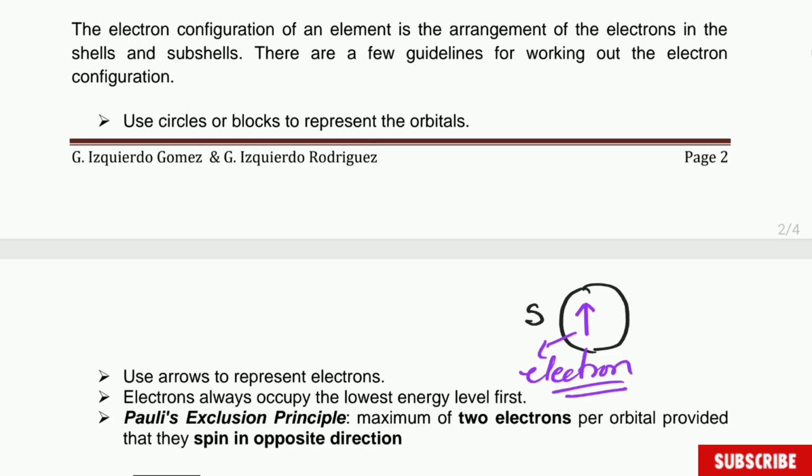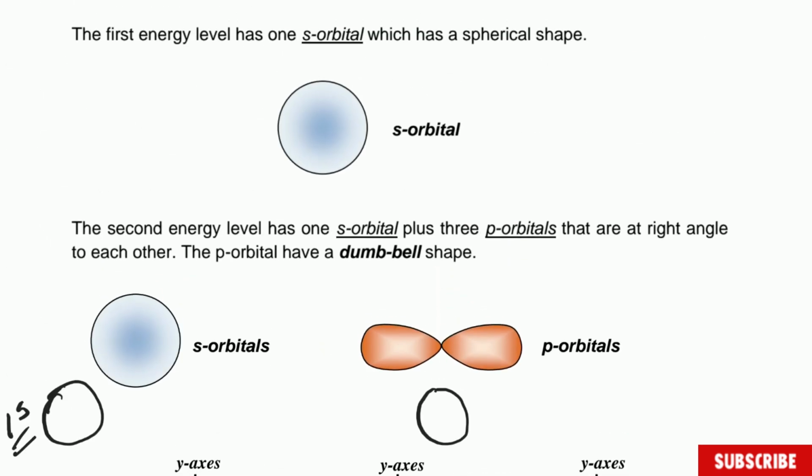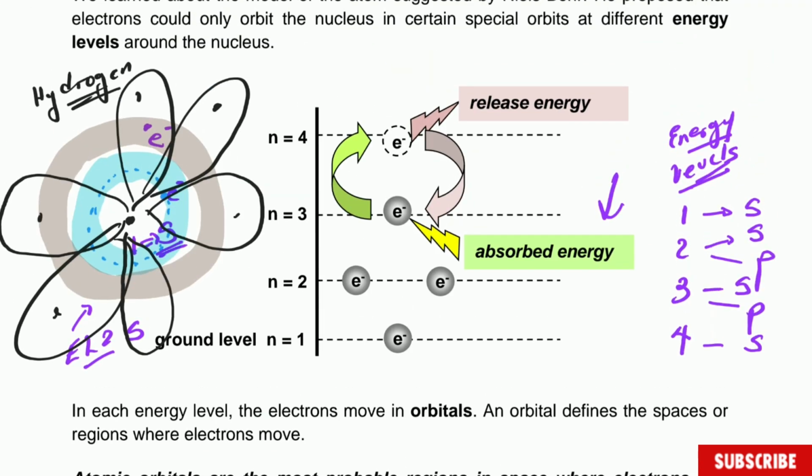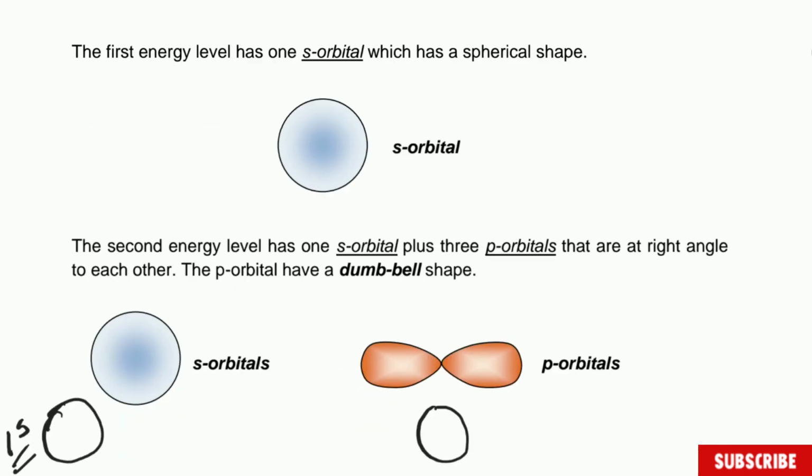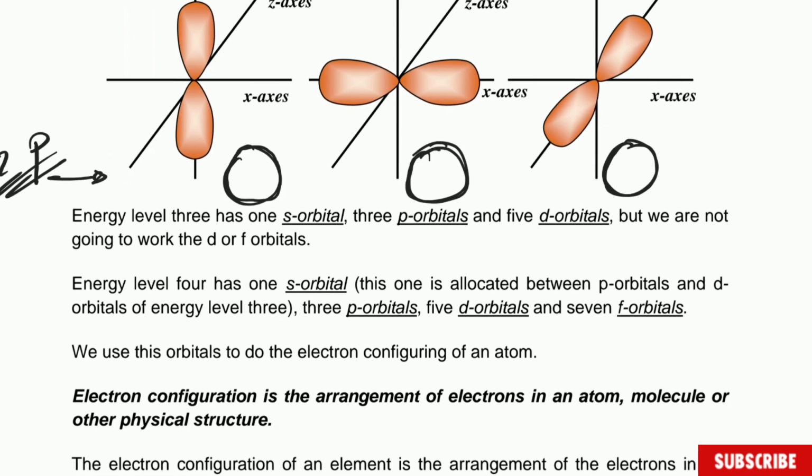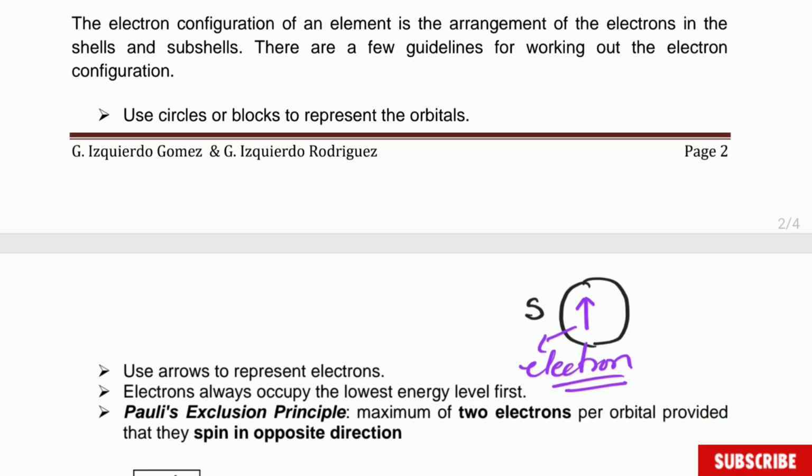Now, electrons always occupy the lowest energy level. Yes, they always come down to the first energy level close to the nucleus before they move to the next energy level. To move to the next energy level, they either need to absorb energy or you need to have more electrons, but you always occupy the lowest energy level and therefore the lowest orbitals.